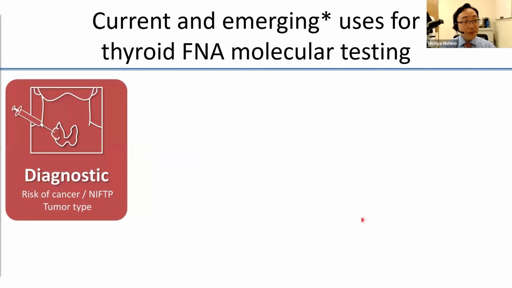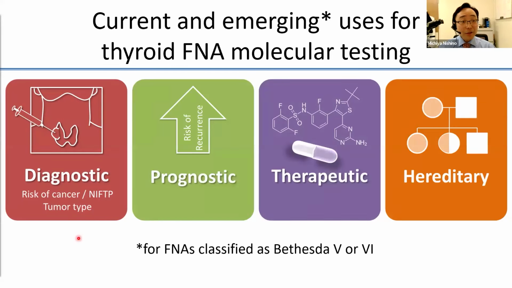So altogether, in addition to its established role as a diagnostic tool for risk stratifying cytologically indeterminate thyroid nodules, molecular tests have a number of emerging applications for thyroid FNAs as well, including those that can help in the management of nodules that are suspicious or malignant.